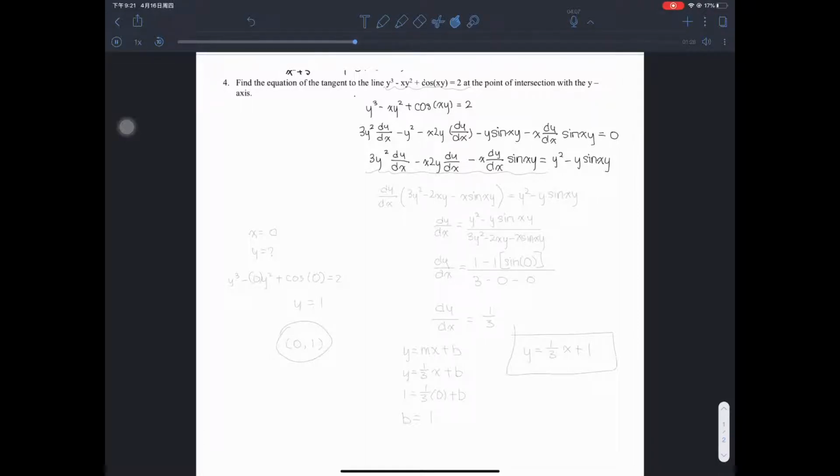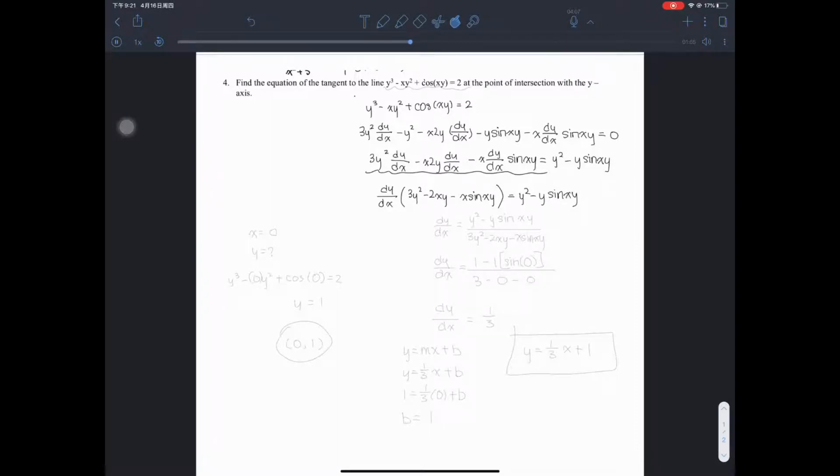So now I'm going to simplify this part. dy/dx times the bracket 3y squared minus 2xy minus x sine xy equals y squared minus y sine xy.